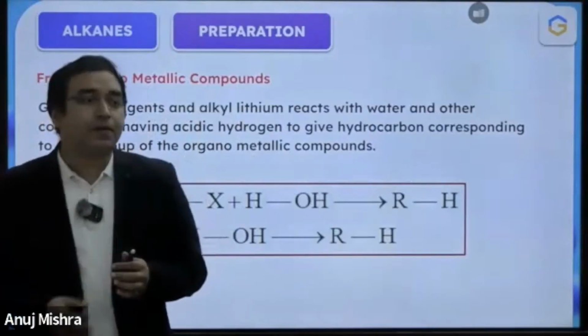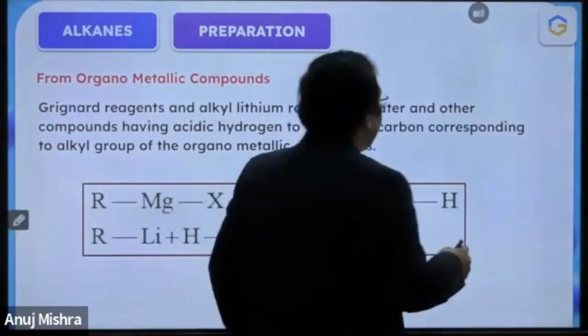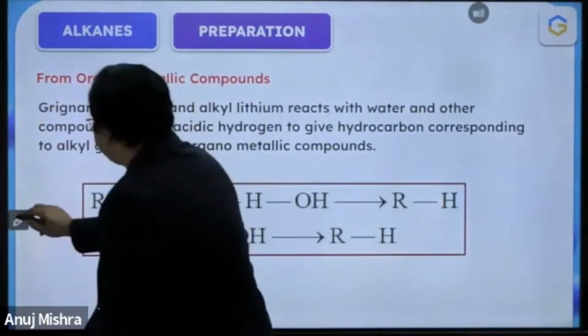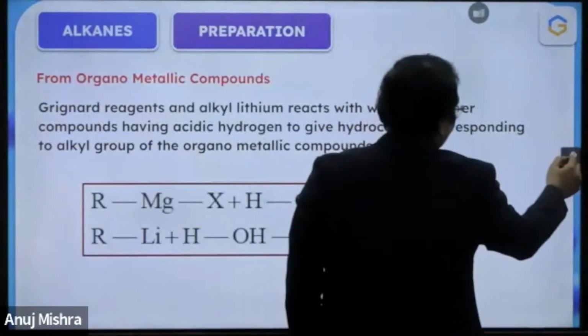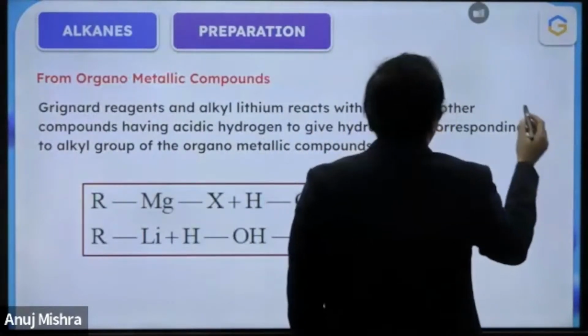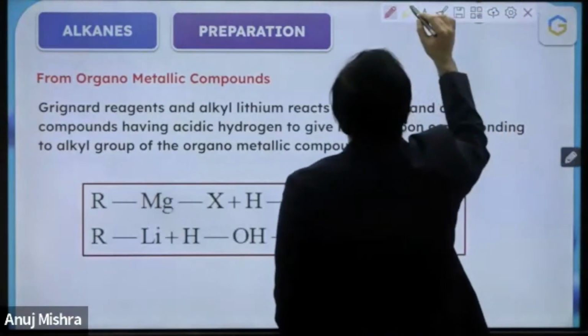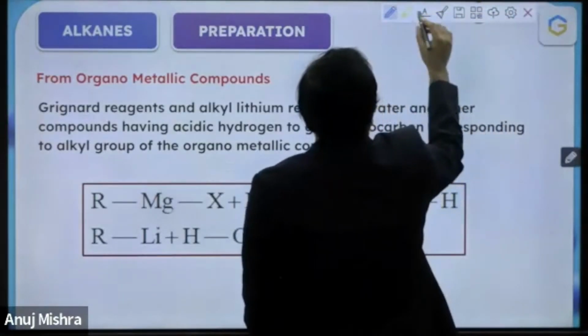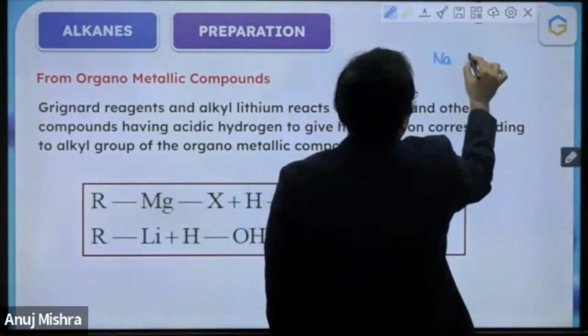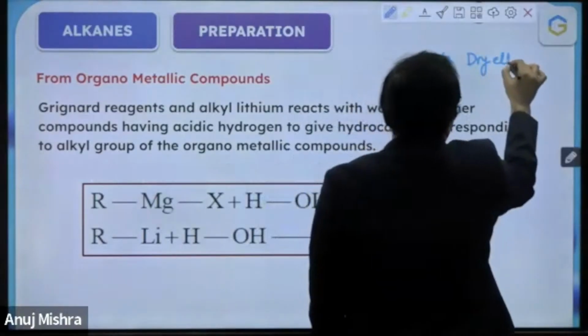Very good. It is in presence of sodium and bromide. Any other thing that you know? So Na dry ether, that's correct.